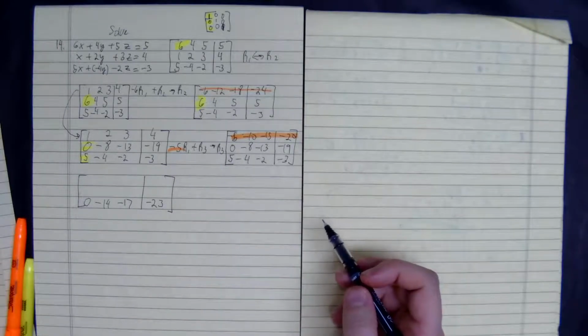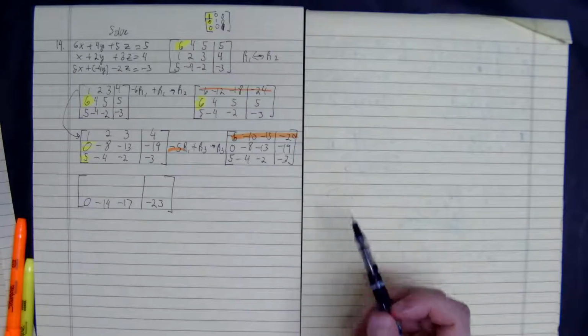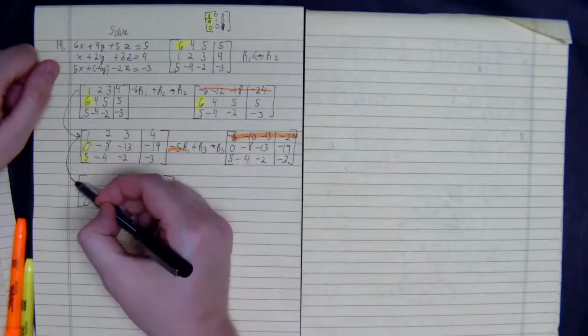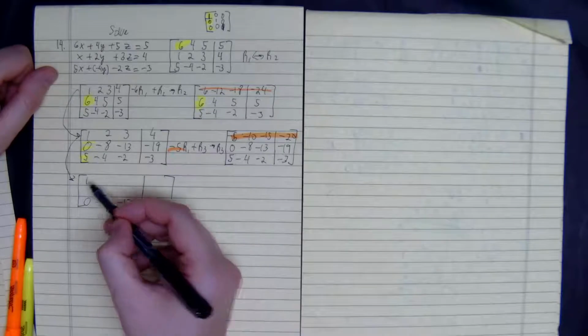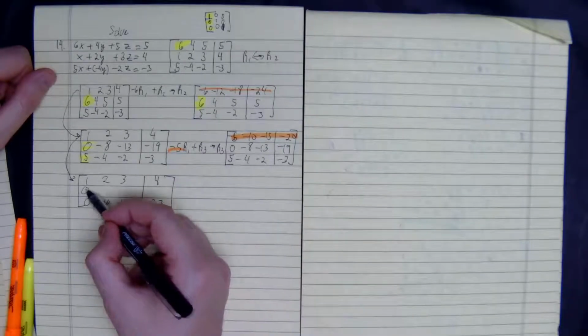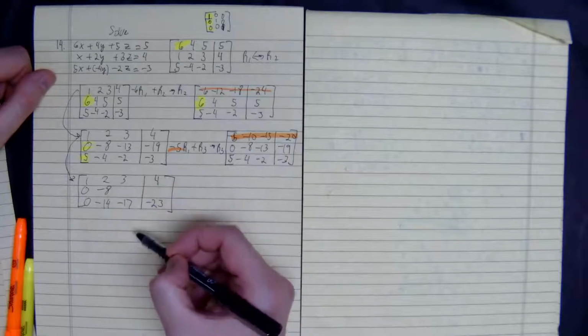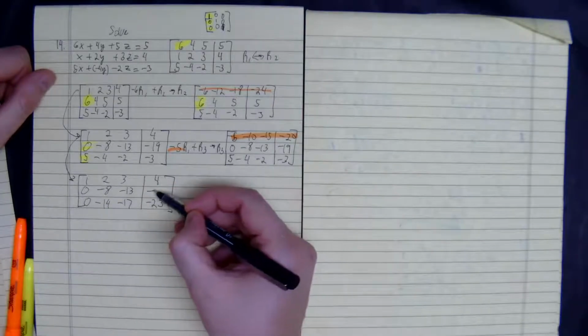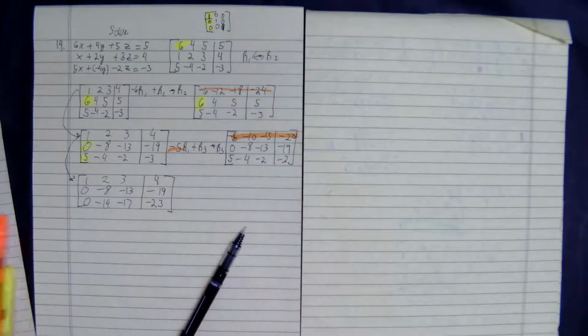So far, so good. And then, just like what we did before, row 1 becomes row 1 again: 1, 2, 3, 4. Then in the middle, we didn't do anything to it, so 0, -8, -13, -19.